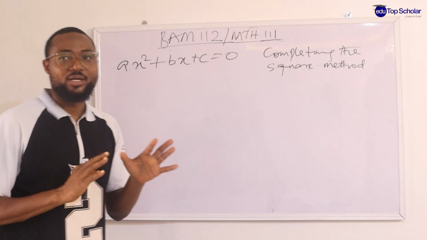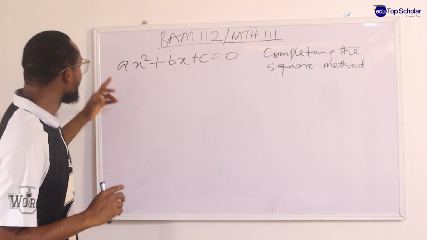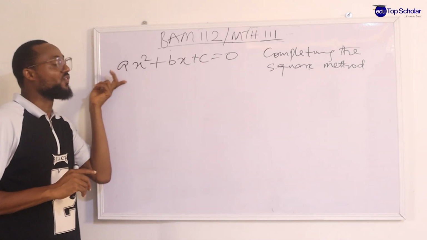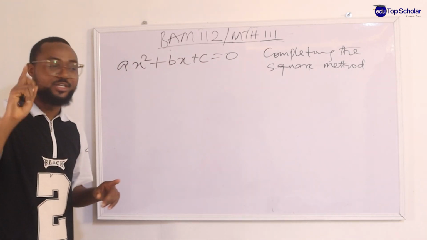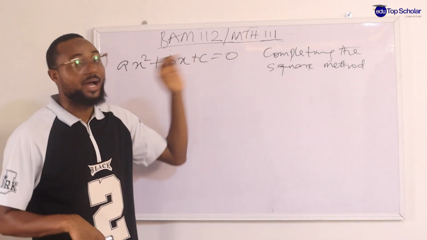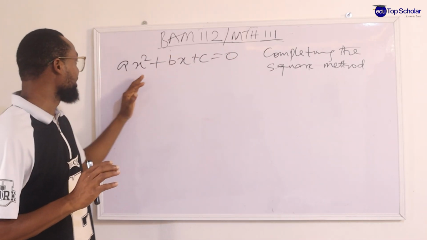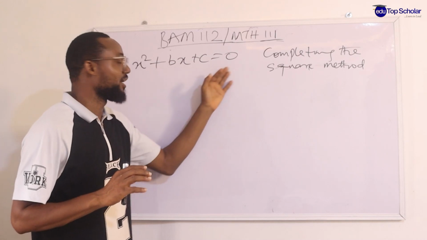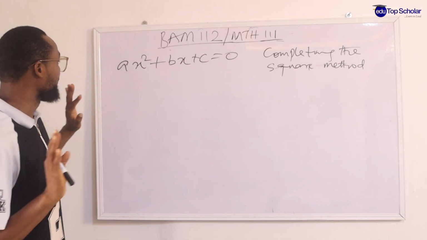For completing the square, the first thing we want to achieve is to make sure that the coefficient of x squared here becomes a unit. How do we do that? We just divide through by a, and we have x squared plus b over a x plus c over a equals 0. I think that one is straightforward enough.